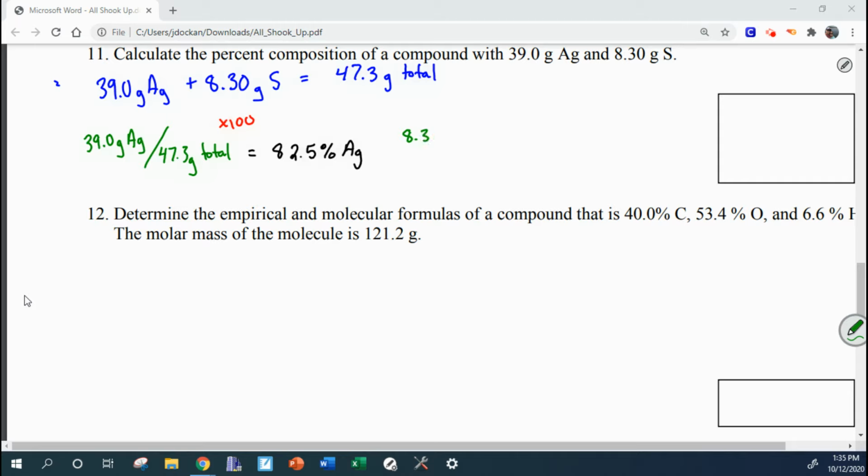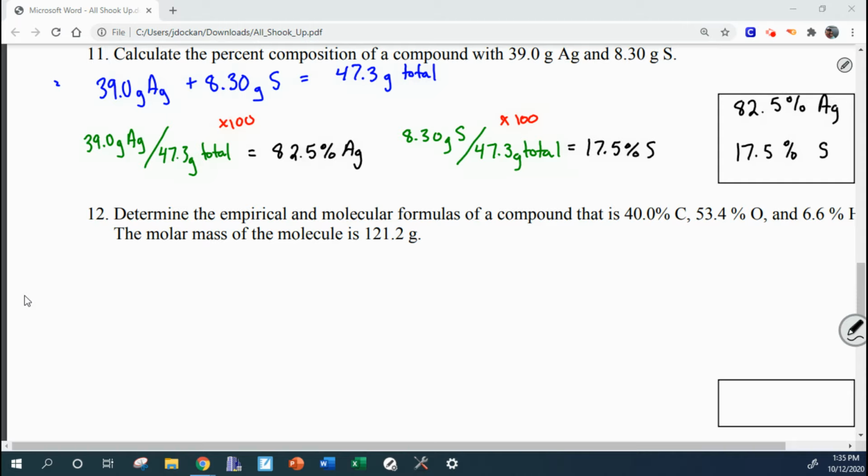That would be 8.30 grams of sulfur divided by 47.3 grams total. I'm going to multiply by 100 when I'm done. Final answer there is going to be 17.5% sulfur. So I'm going to report my values over here: 82.5% silver and 17.5% sulfur.